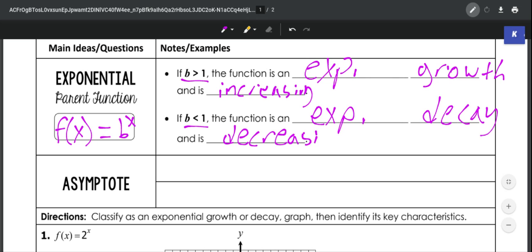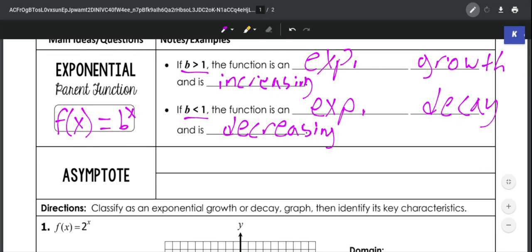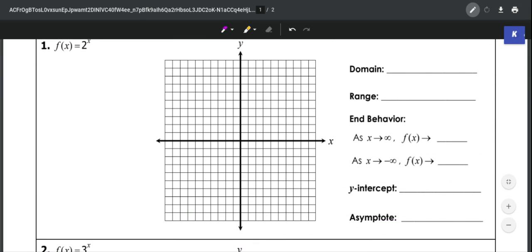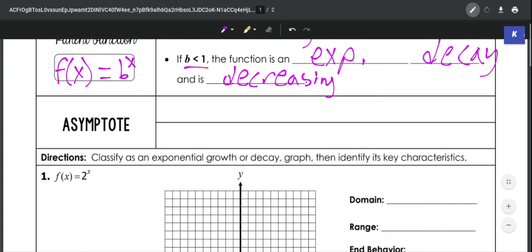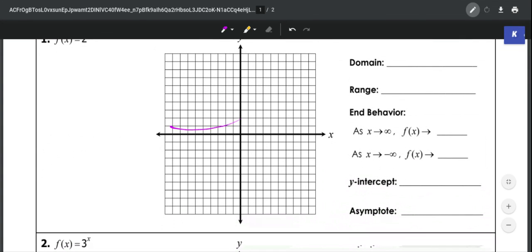And that means simply, when we look at a graph from left to right, if an exponential function has b greater than 1, then it's going to look something like this. It's going to go upwards. And if that b were less than 1, it would go like this. So from left to right, it would be almost going downhill.